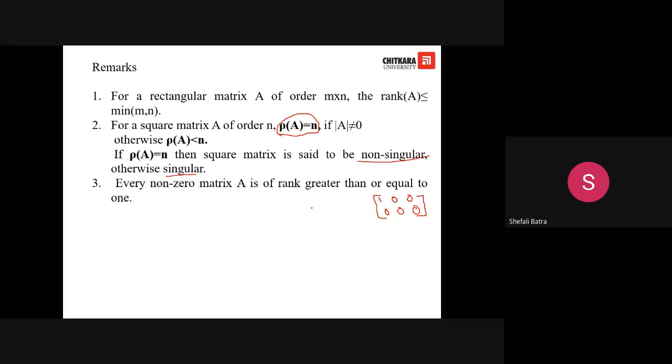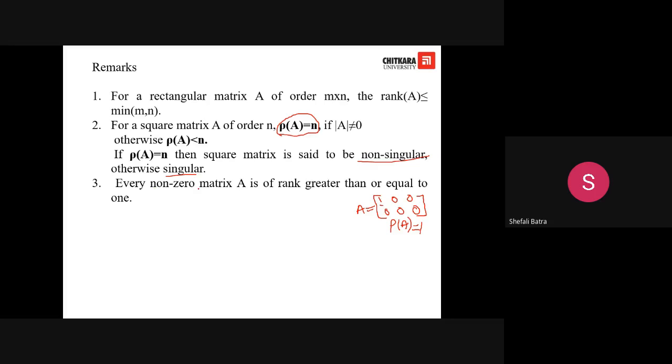This is a non-zero matrix, right? Because of the presence of this one, this matrix is a non-zero matrix. So what will be the rank of this non-zero matrix? Tell me, hurry up. 1. Rank 1. Right, the rank of this matrix is equal to 1.